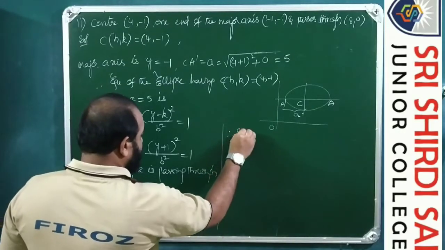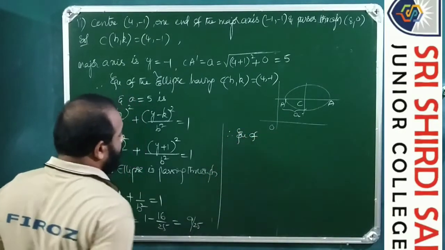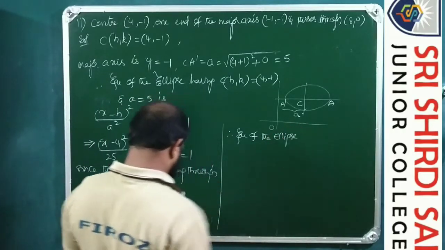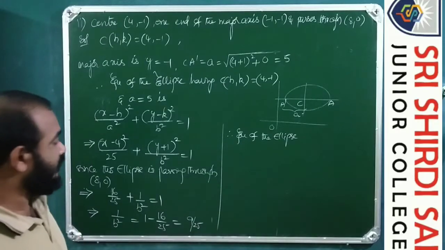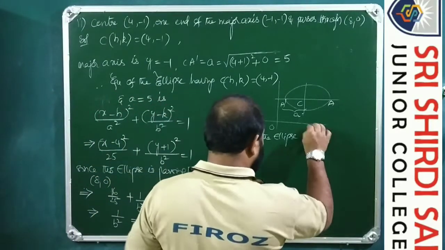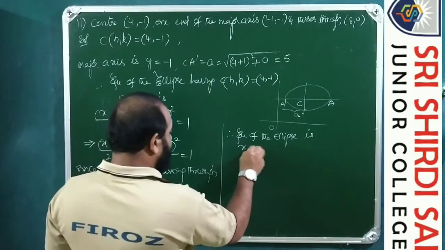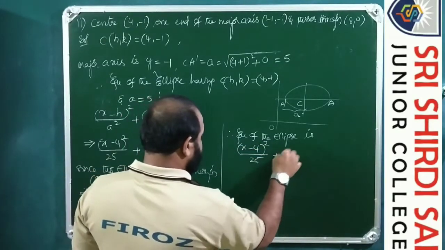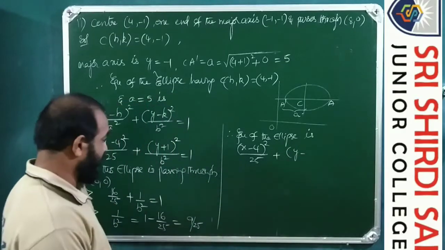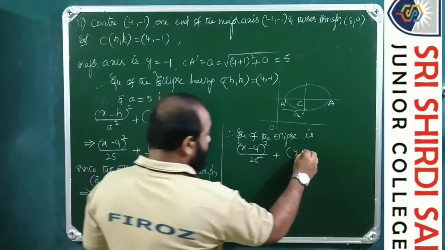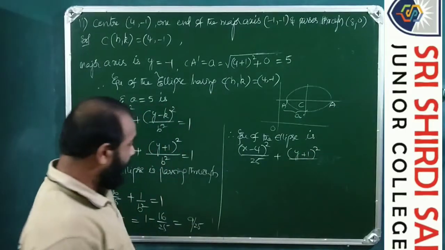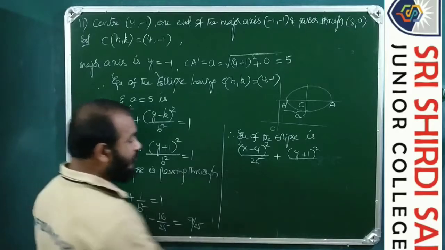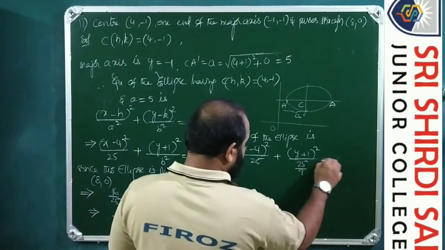Therefore, the equation of the ellipse is (x minus 4) whole square by 25 plus (y plus 1) whole square by b square. 1 by b square is 9 by 25, so b square is 25 by 9, equal to 1.